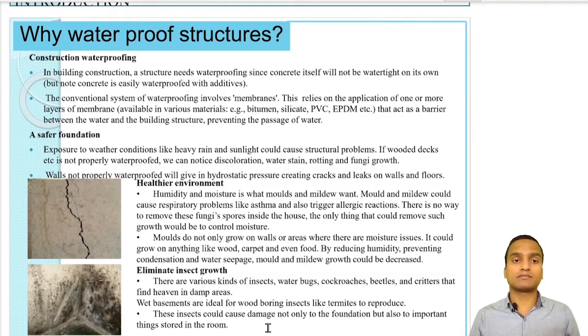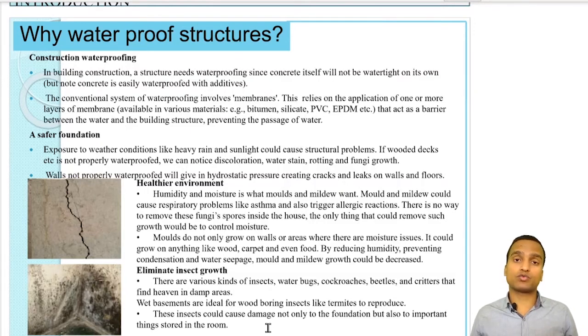So in the construction phase, when the building is under construction, a structure needs to be waterproofed, since concrete itself will not be watertight, as we have discussed, because concrete is mainly made on the site and there are different parameters that can vary on the site.